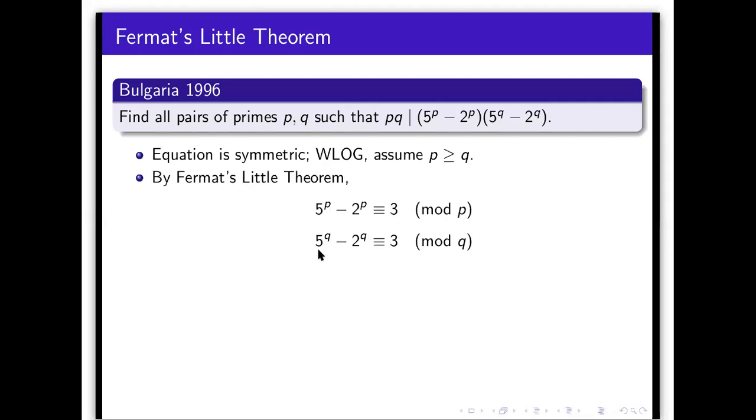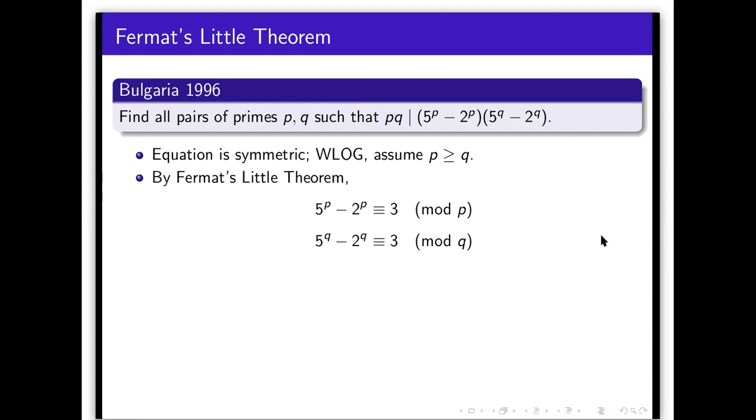But then if we take 5 to the P minus 2 to the P mod P, 5 to the P is 5 mod P by Fermat's, and 2 to the P is 2 mod P. So then it just comes out to 5 minus 2, which is 3 mod P. And similarly, 5 to the Q minus 2 to the Q is 3 mod Q.